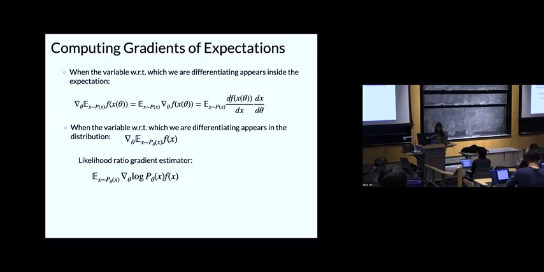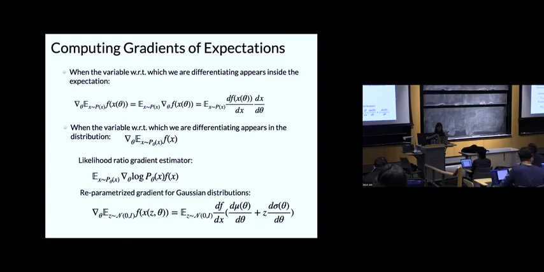And the alternative we just discussed is, for the specific case of Gaussian distributions, the reparameterization trick. The truth is that there are similar reparameterization tricks for softmax distributions. I mean, they're not super popular yet, but for Gaussian distributions specifically, you can do this reparameterization trick and take df dx, where x is essentially a sample from the Gaussian, and dx d theta is essentially d mu d theta plus z d sigma d theta.